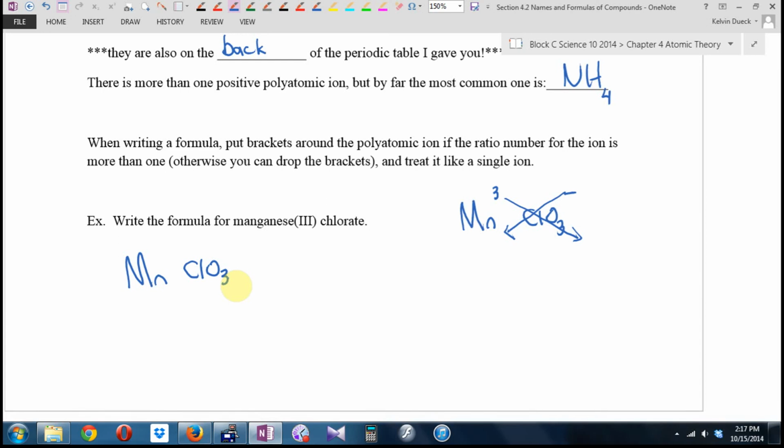Because ClO3 is chlorate. How many chlorates am I going to need? 3. Bracket, 3 of those. There's where I'm using the 3. So ClO3 is chlorate, and then that 3 is how many of the ClO3s I need. And you show that that 3 is on everything with brackets.